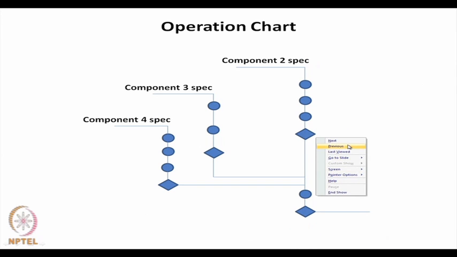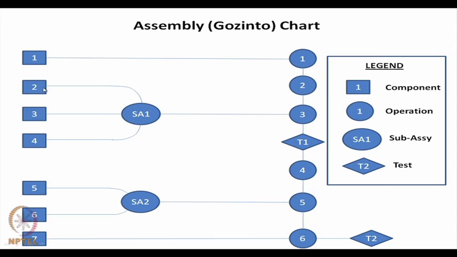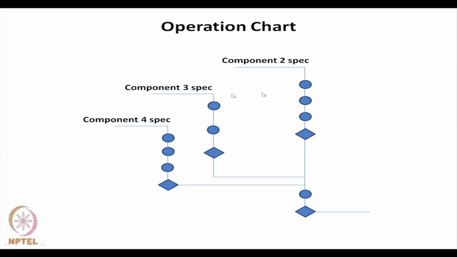Now, let us consider how these three components go into sub-assembly 1. This is shown here. The sub-assembly is made here and the three components are component 2, 3 and 4. Component 2 passes through 3 operations and a testing. Component 3 passes through 2 operations and a testing.